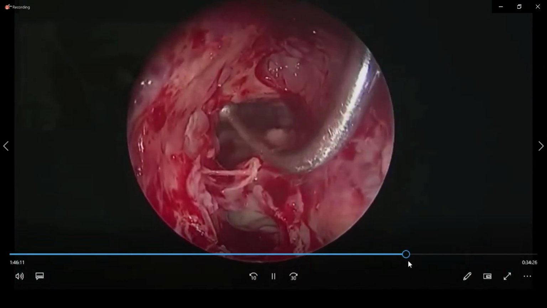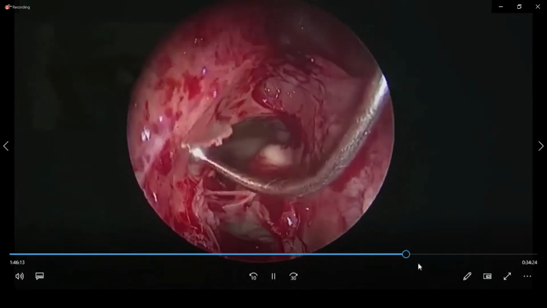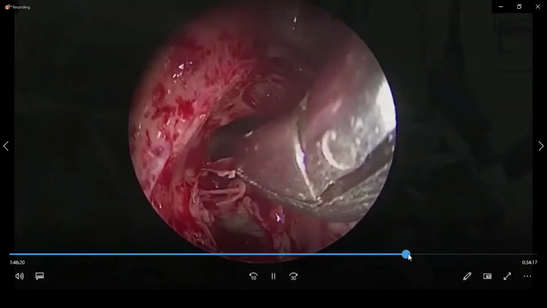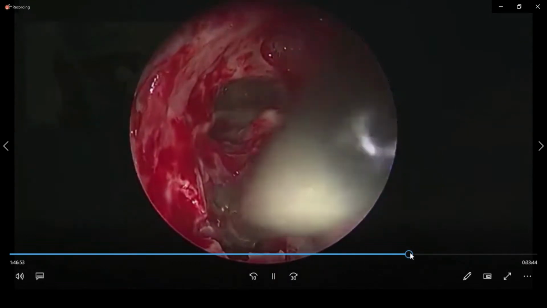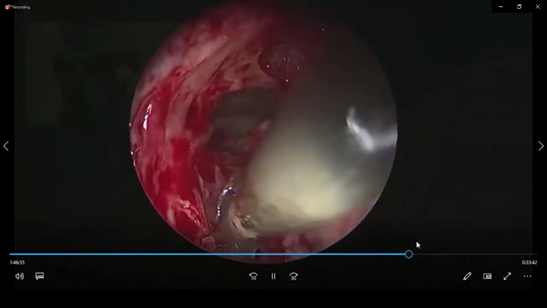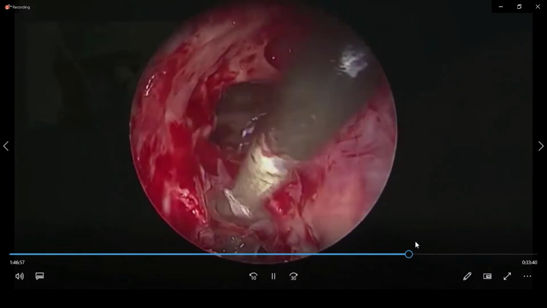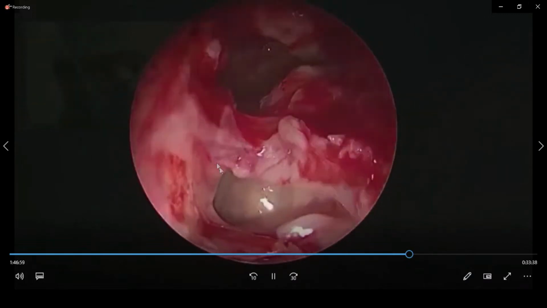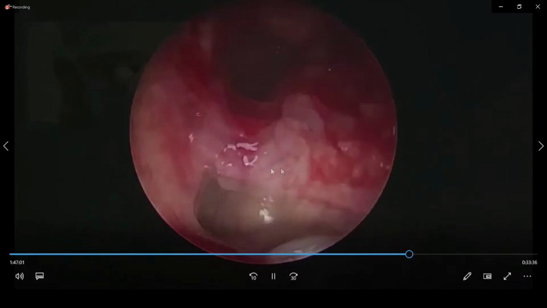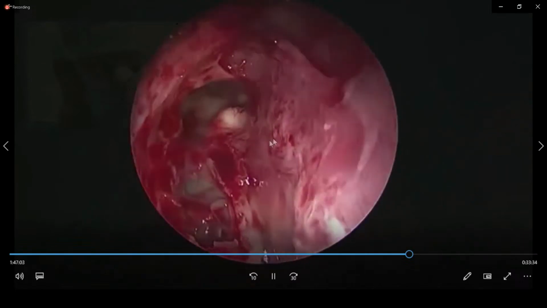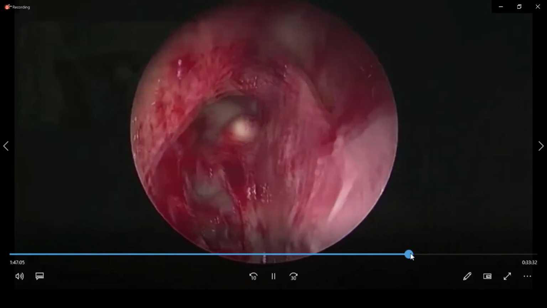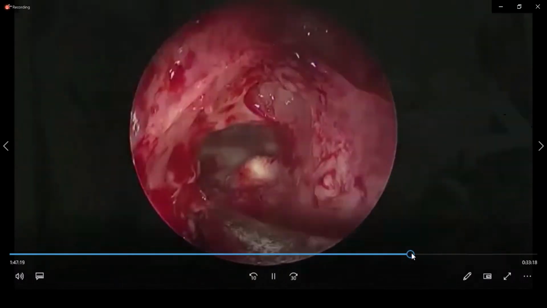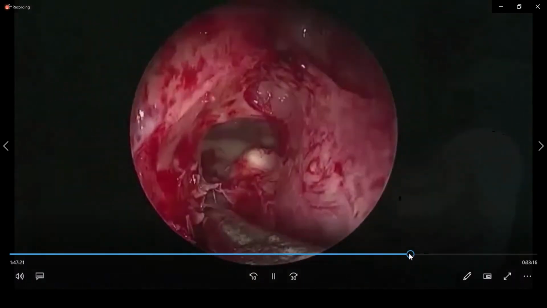See this party wall being removed. This party wall can be completely removed. See this? Can be completely removed. This party wall has to go. This is supraorbital cell. This is osteoma. See this party wall being removed.